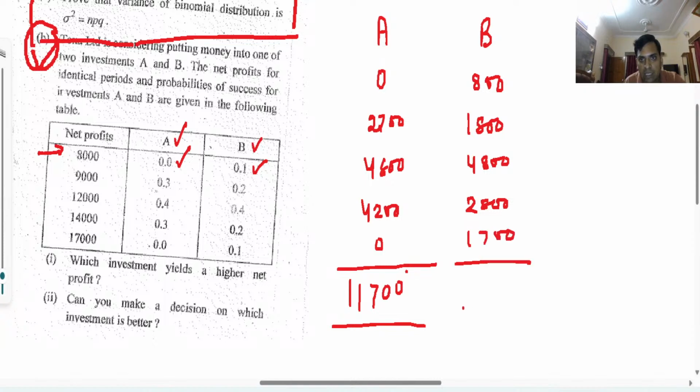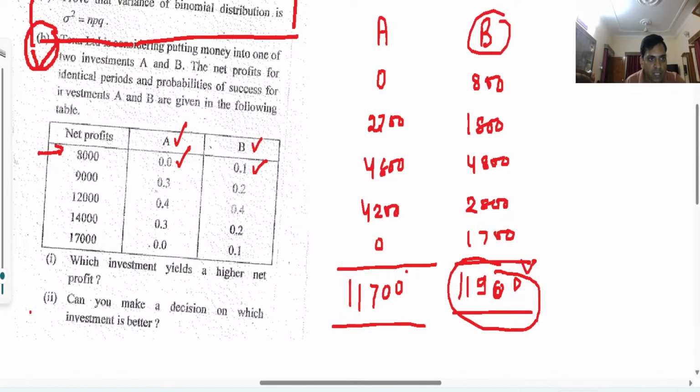Now we can add these quantities: 800 plus 1,800 plus 4,800 plus 2,800 plus 1,700, which is 11,900. So in these two investments A and B, this quantity is higher. This is the higher net profit, and it is from investment B. So this is the first part.